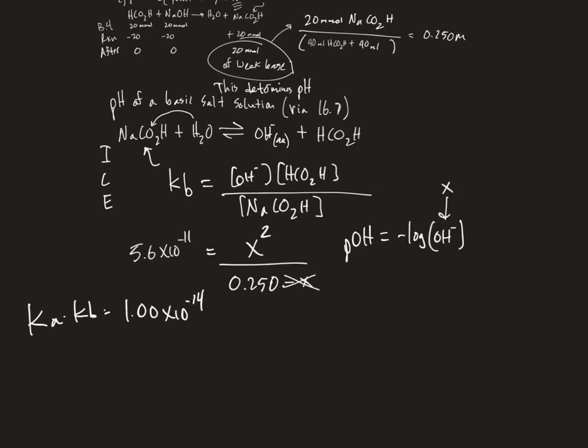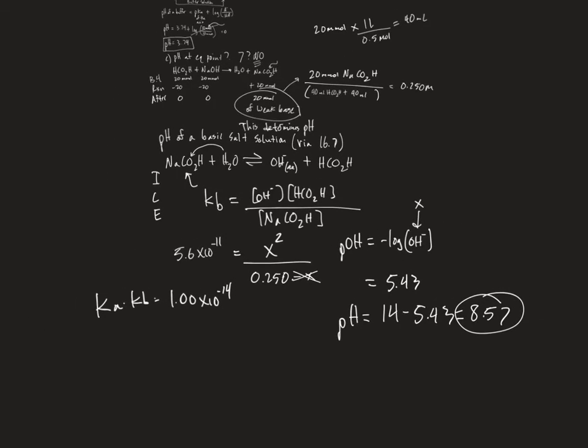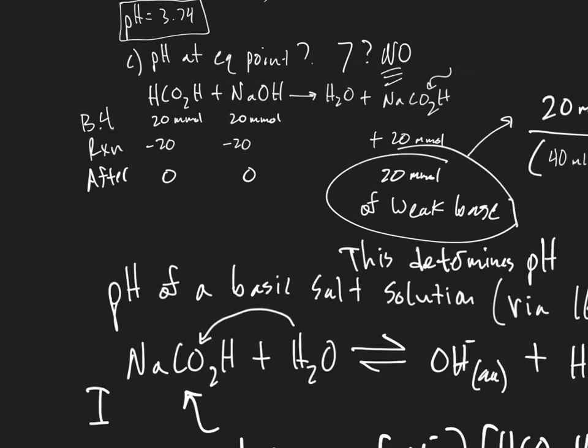So once I get the pOH, which is going to be 5.43, the pH should be basic, so it's 14 minus that, 8.57. So not very basic, but basic enough. It's a little bit basic because of this weak equilibrium problem.